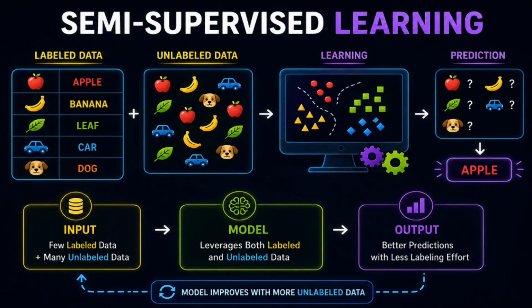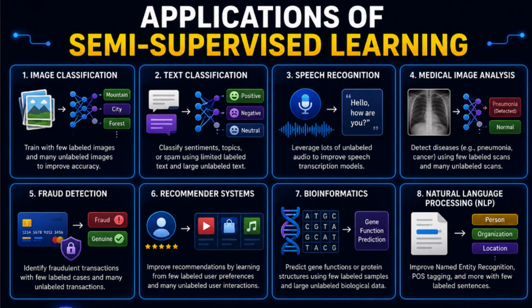As a result, the model makes more accurate predictions even though only a small amount of labeled data is available. The more useful unlabeled data the model learns from, the better its performance becomes. This approach is especially useful when labeling data is expensive or time consuming.